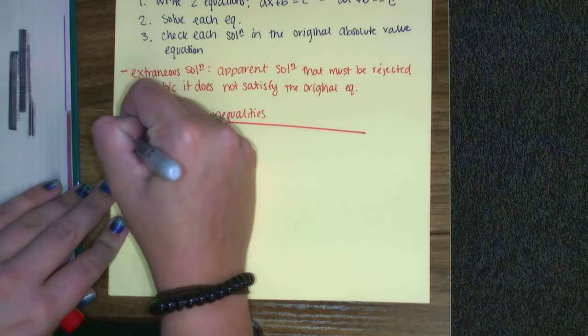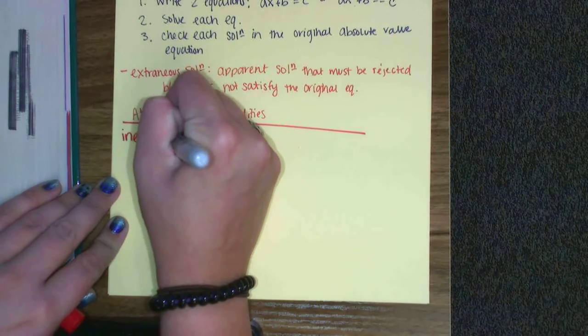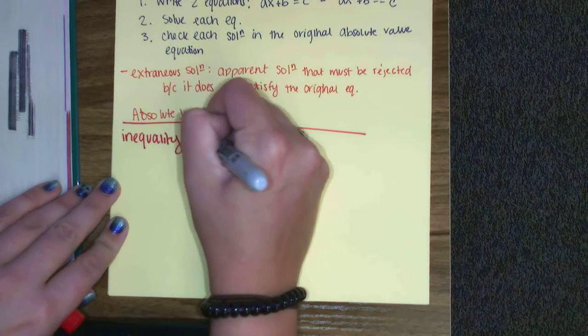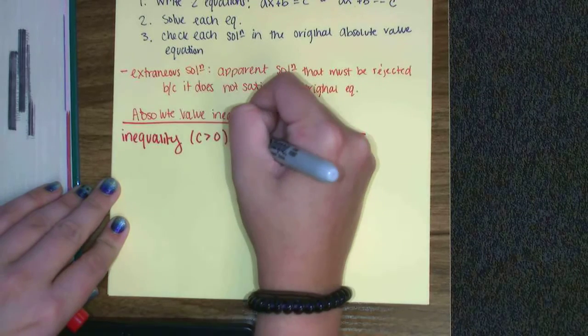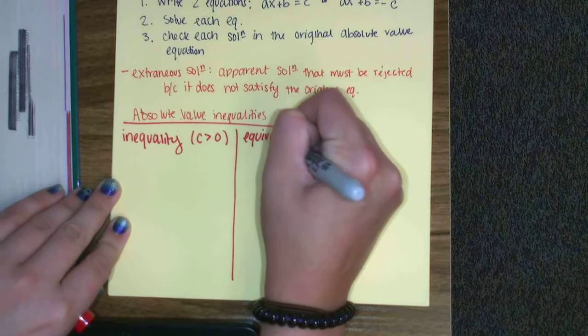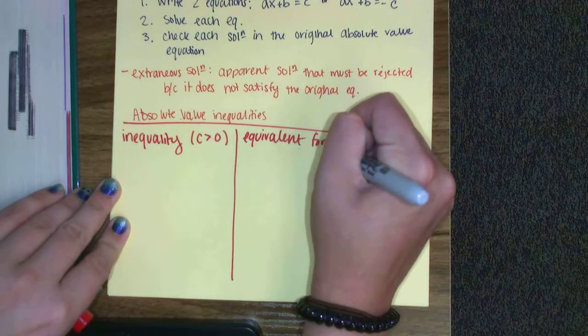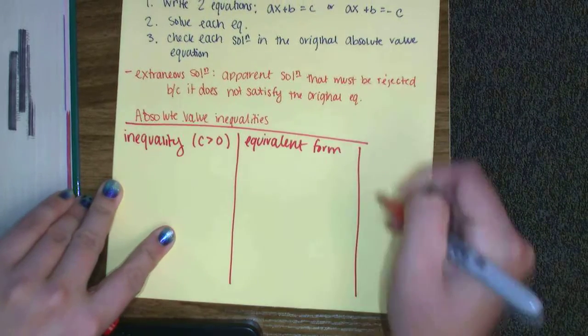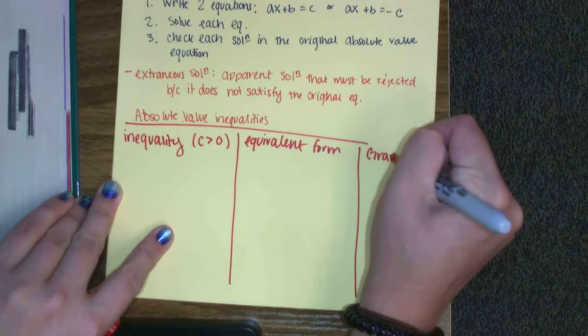We're going to have the inequality, this is going to be for c greater than 0. We have an equivalent form, and a rough graph of what that looks like.